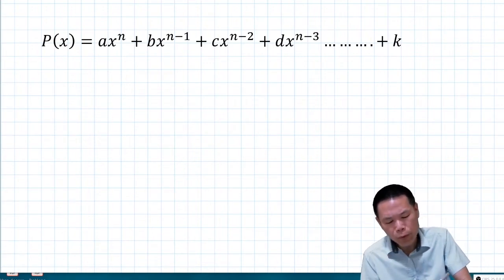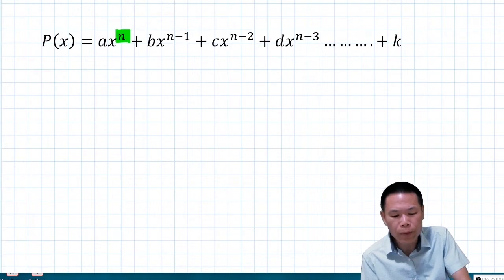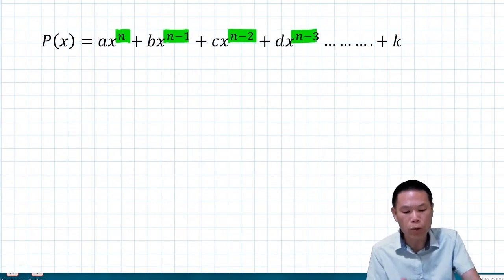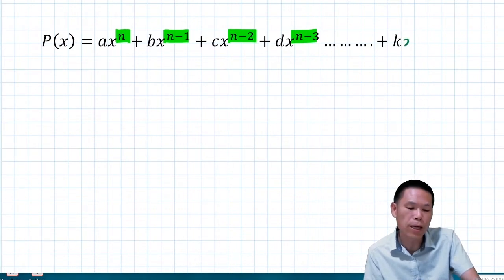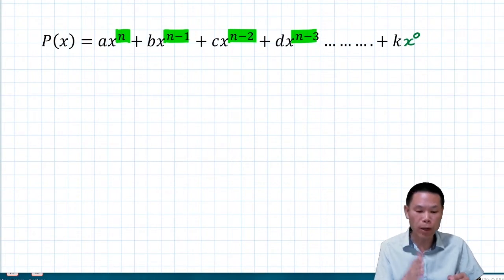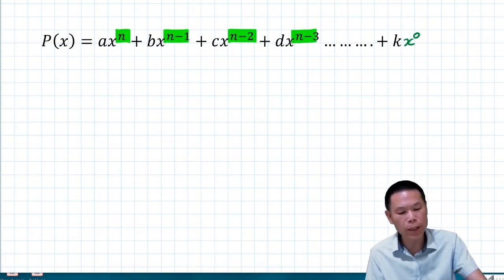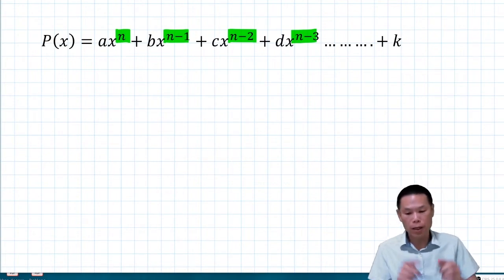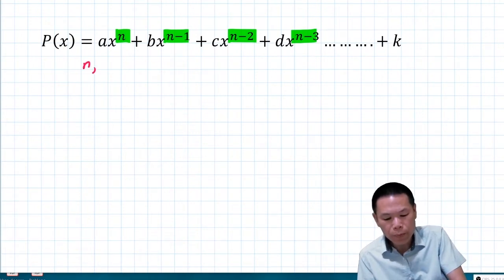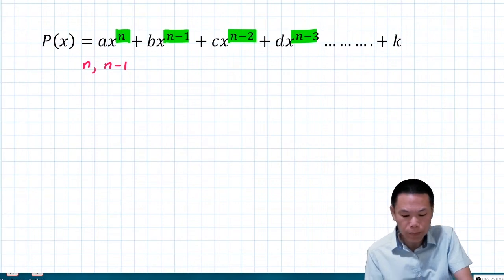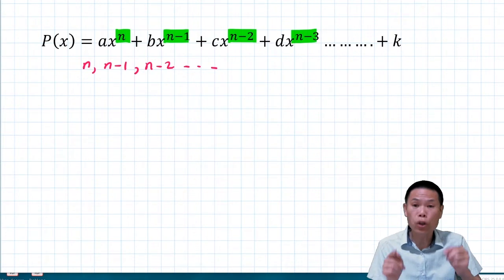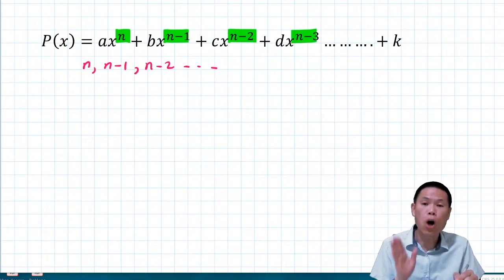First of all, we have x to the power of n, n minus 1, x to the power of n minus 2 and so on, all the way down to x to the power of 0. But x to the power of 0 is 1, and 1 times k is k, so we can just disregard that. Most importantly, these powers must be whole numbers.